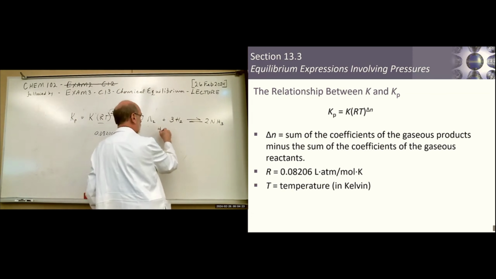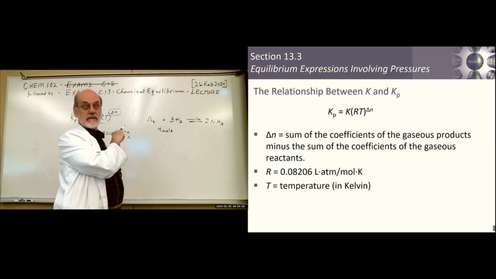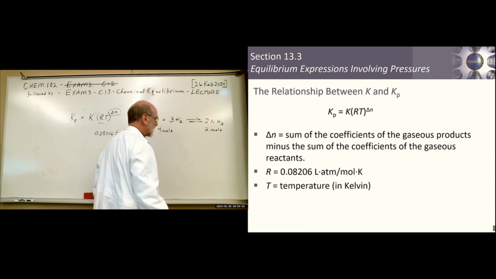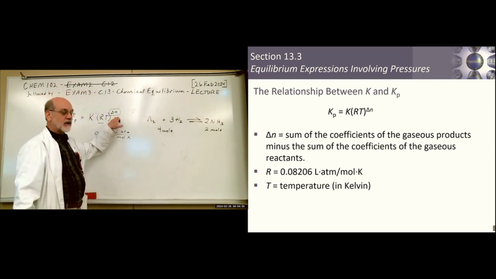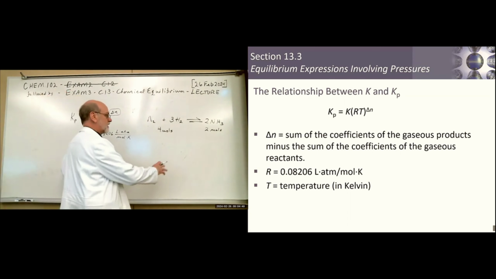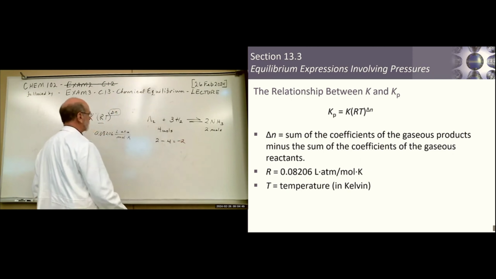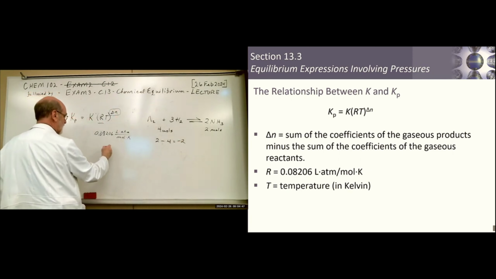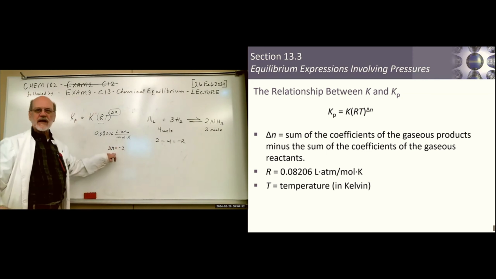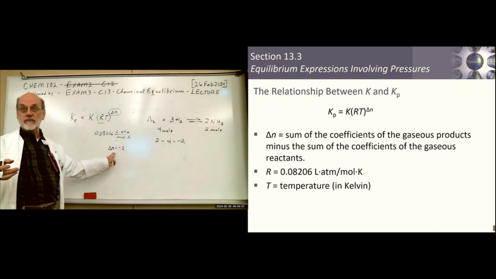Well, it started off with 4 moles, 3 plus 1, 4 moles of gas. Ended up with only 2 moles. And unless you're told otherwise, a delta means final minus initial. So we ended up at final 2 minus initial 4. So the change is minus 2. So for that equation, delta n equals minus 2. And n in this case is typically the abbreviation for moles.